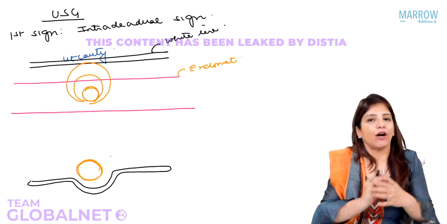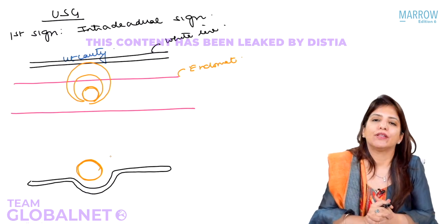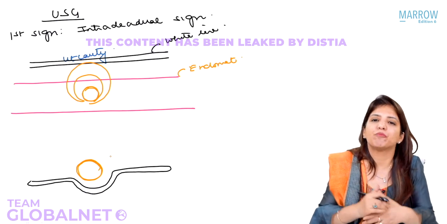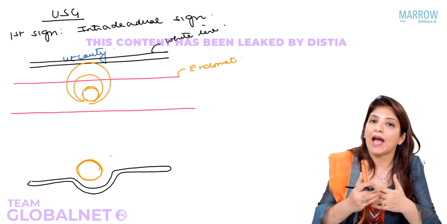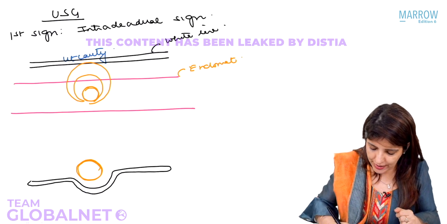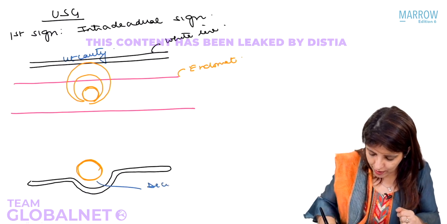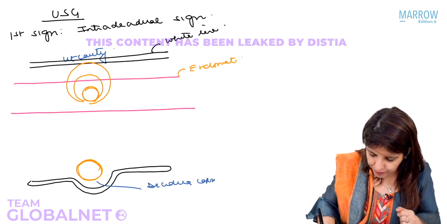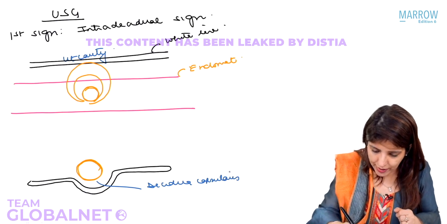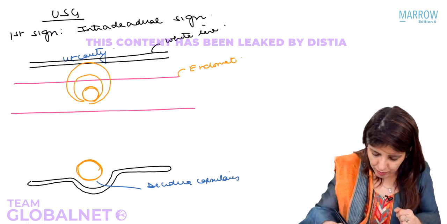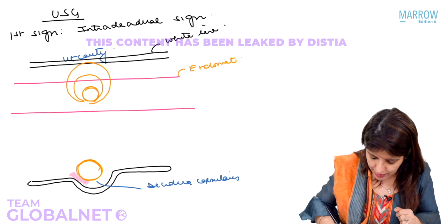Just now I told you that the decidua which lies between the uterine cavity and the blastocyst is called decidua capsularis. So over here, this is your decidua capsularis.